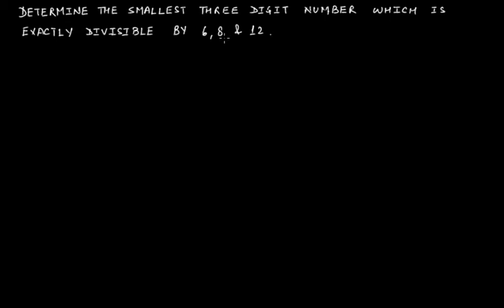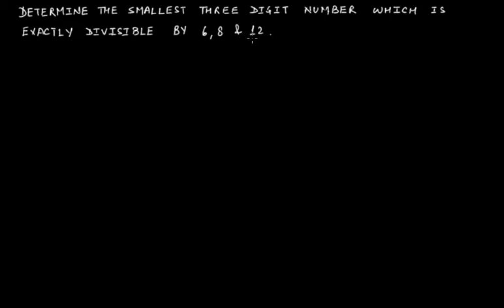Well, since you have to find the smallest three-digit number that will be divisible by these three numbers, what is the least or the smallest number that will be divisible by these three numbers? I'm asking for the least number.